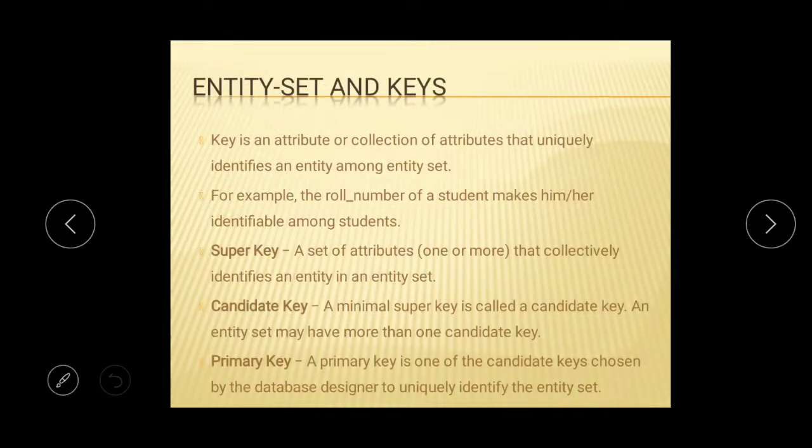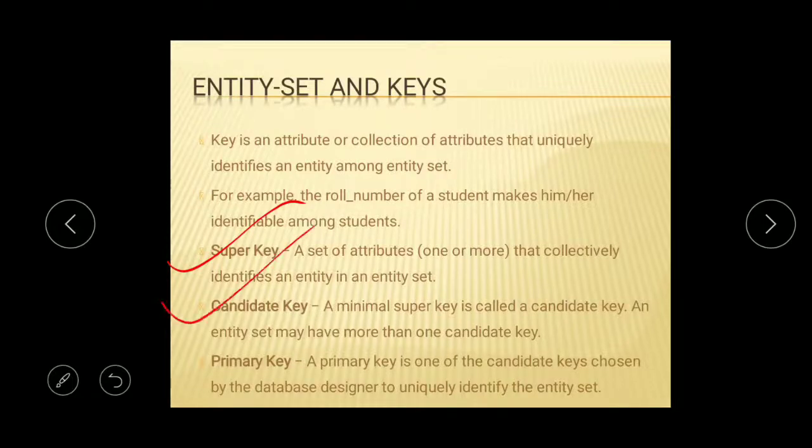Now, if we talk about the entity set and keys, a key is an attribute or collection of attributes that uniquely identifies an entity among an entity set. For example, the roll number of a student makes him or her identifiable among students. Then we will get super key, a set of attributes, one or more, that collectively identifies an entity in an entity set.